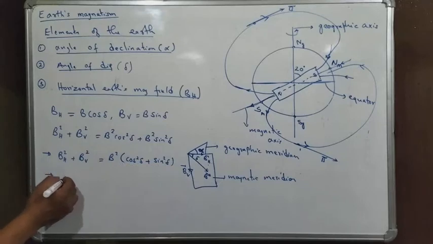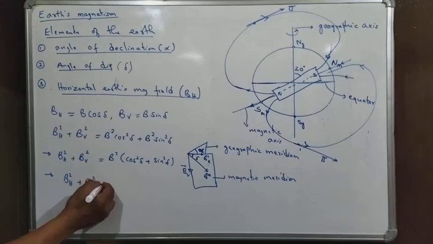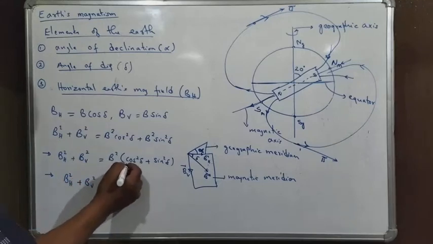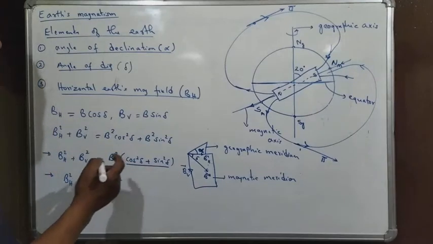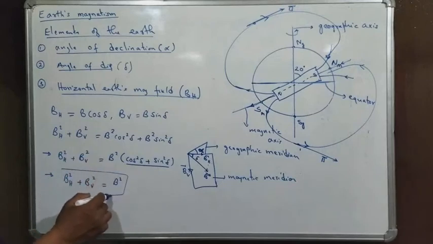Or BH square plus BV square is equal to just B square. Why? Because cos square delta plus sine square delta is equal to 1, and 1 times B square is B square.